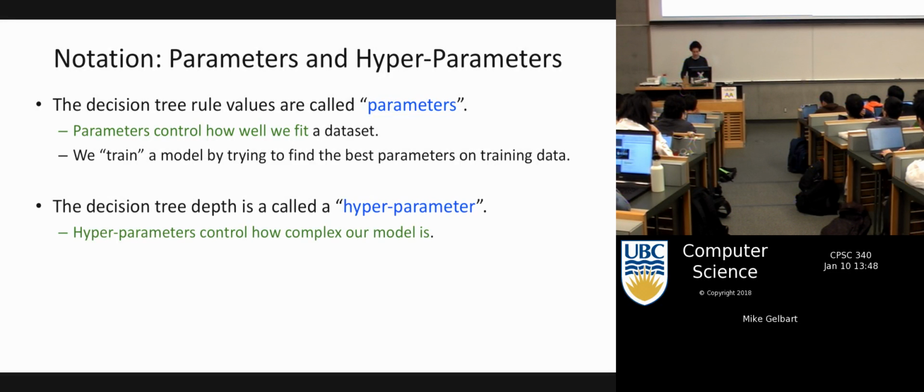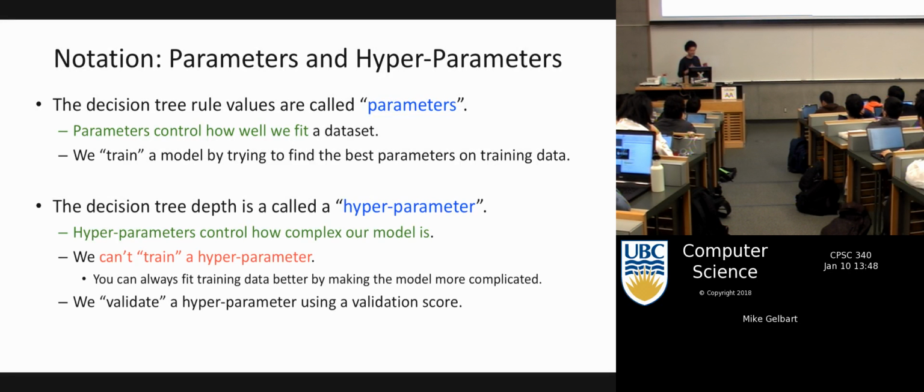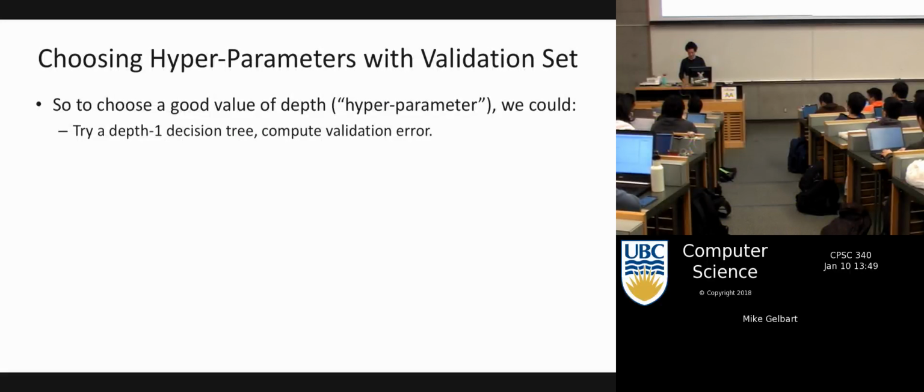But yes, roughly hyperparameters are things that control the complexity of the model, and we tend to pick them using our validation set. This is not so critical right now because we're just going to see this so many more times. It'll be more concrete. Sorry, I don't have time. Okay. We can talk after class.